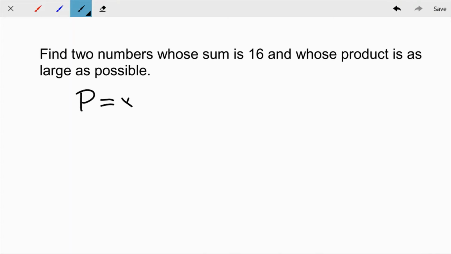I'm going to call my numbers x and y. And they told us we have this constraint that x plus y has to equal 16. Now remember, I'm trying to maximize that product function. So right now it's in terms of x and y. If I were to solve this constraint equation for y, y would be equal to 16 minus x.